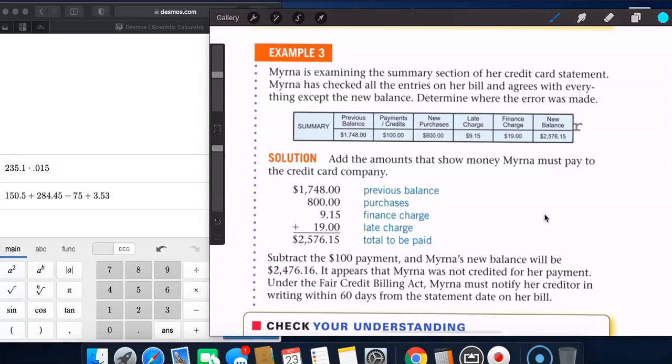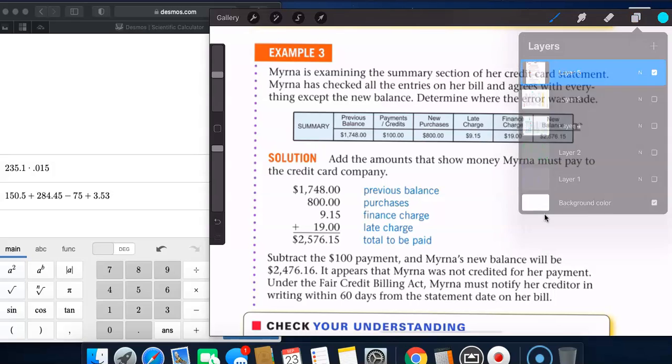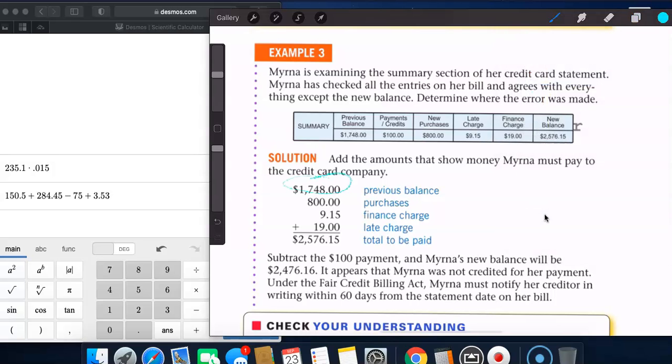So if you take your, let's see here, make sure we're on the right one. Yep. You take your 1748, you add the 800, add the 915, add the 1900. That makes sense. So when you take this 1748, you take 1748 even, and again we'd be subtracting $100, so that'd be 1648 and some change.